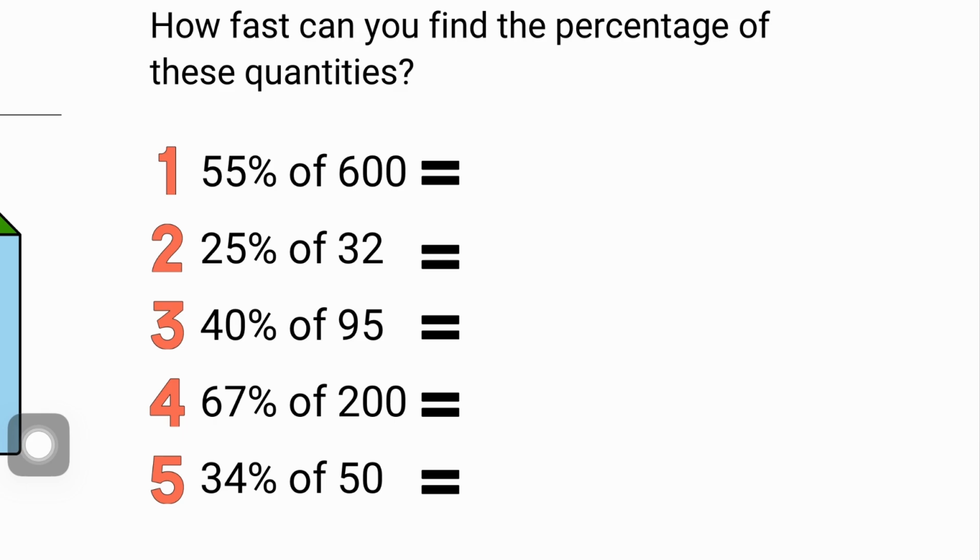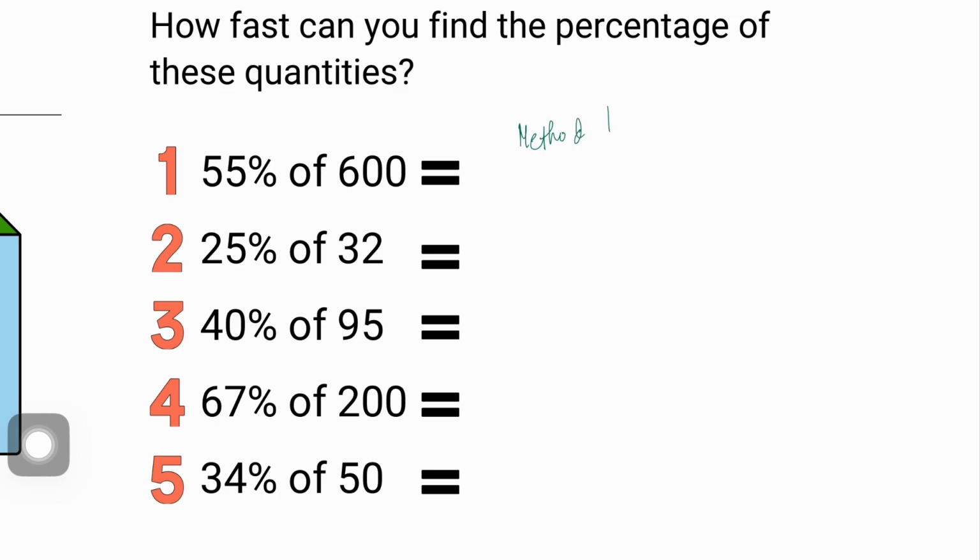What is 67% of 200? And what is 34% of 50? There are two methods that we can use if we are solving for the percentage of these quantities. For example, method number 1, we can change the percentage into a fraction.